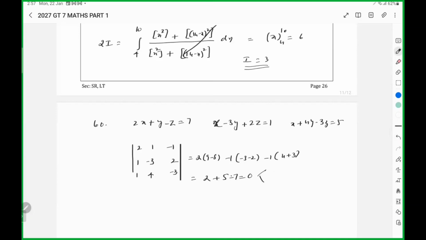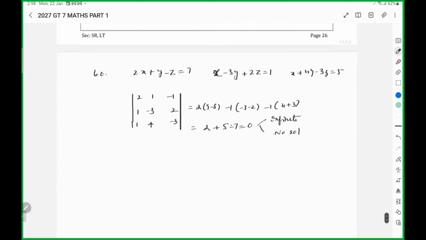There are two possibilities, either infinite or no solution. If it is not equal to 0, unique solution.